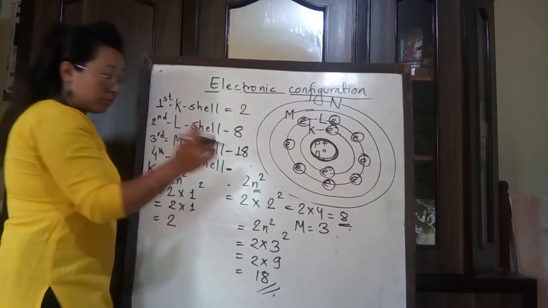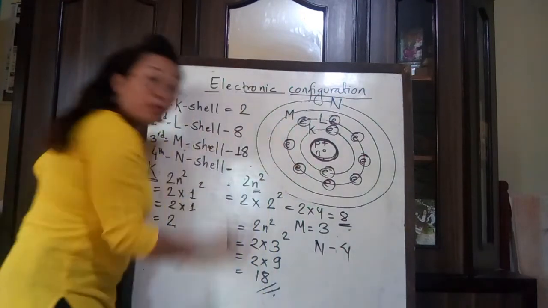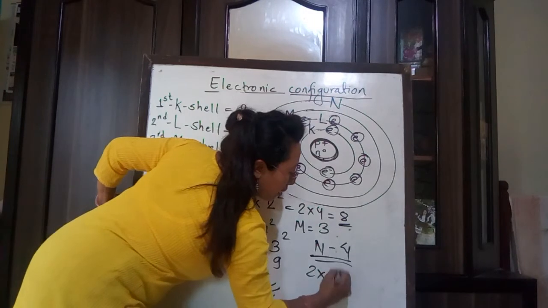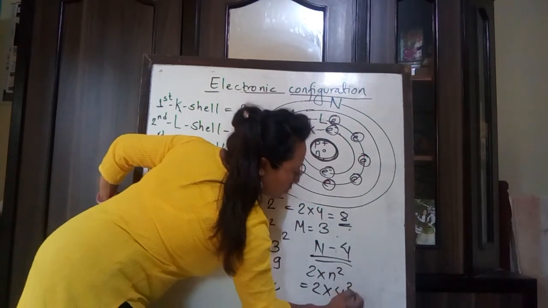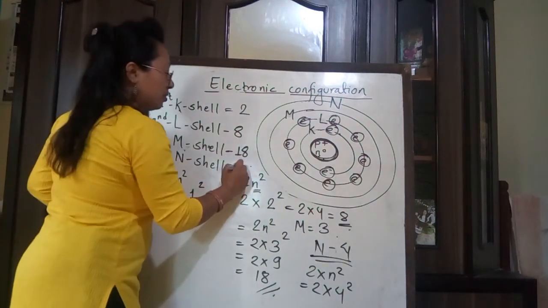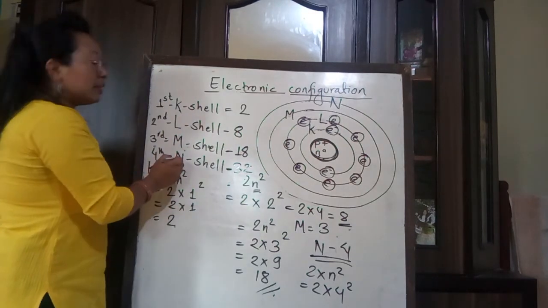Did you find out? The N cell is the 4th one, cell number 4. That means 2 into n square, with n being 4, so 2 into 4 square. 4 4s are 16, 16 2s are 32. Yes, good. 32 electrons can be held by the N cell.